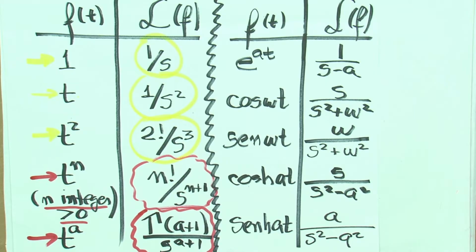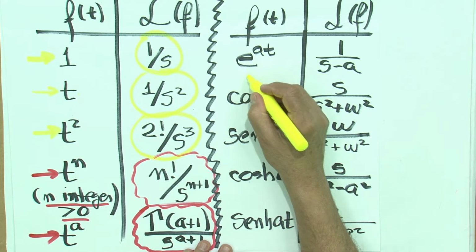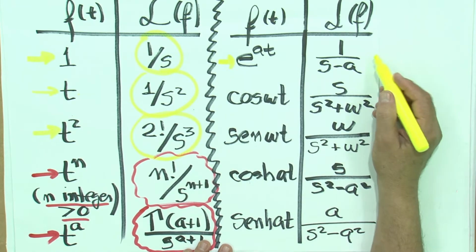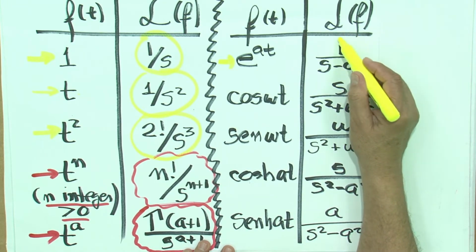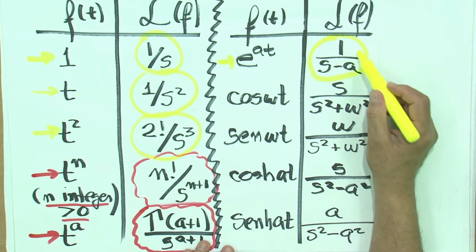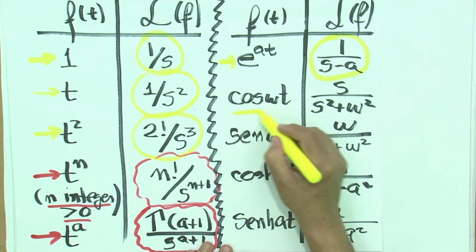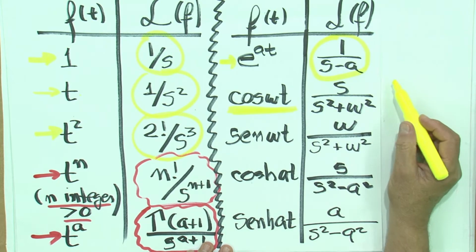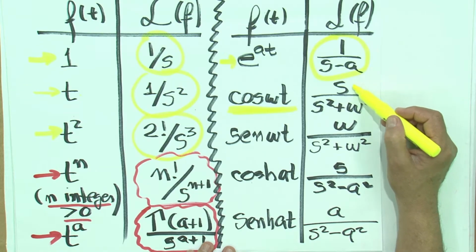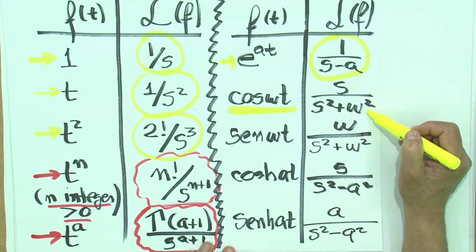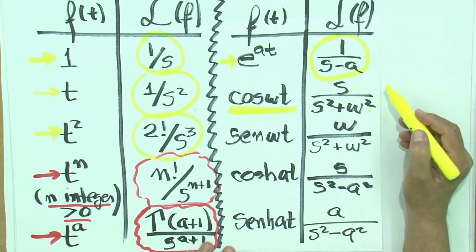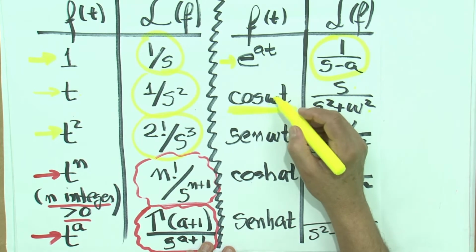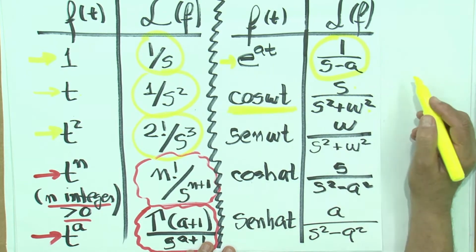There are many, many functions we would like to have. Suppose it is an exponential. We already showed that the Laplace transform is 1 over s minus 1. And if I have a cosine function, well, the Laplace transform is s divided by s squared plus omega squared, because this is cosine of omega t.